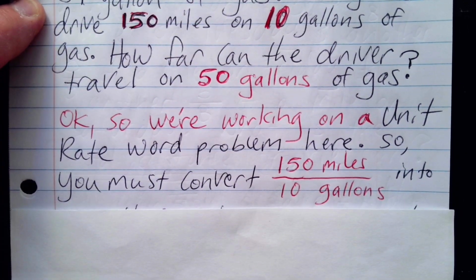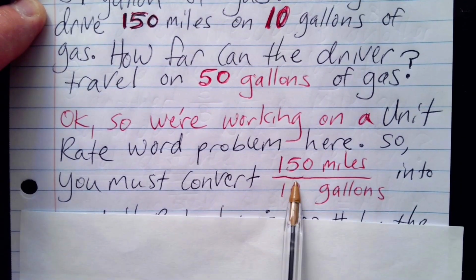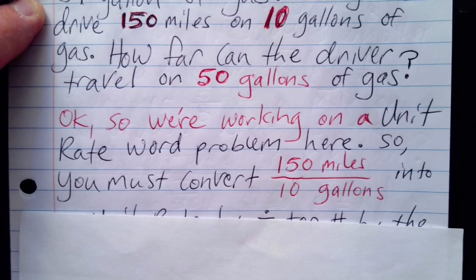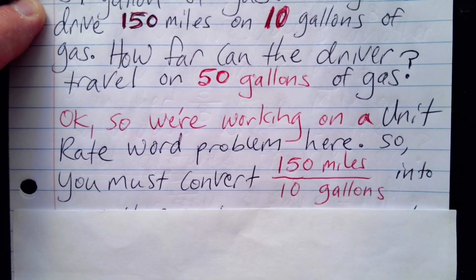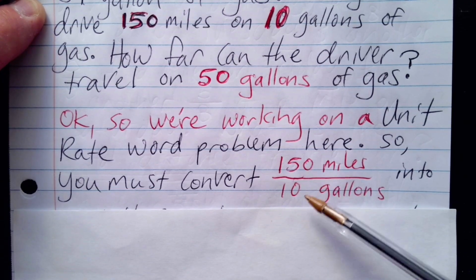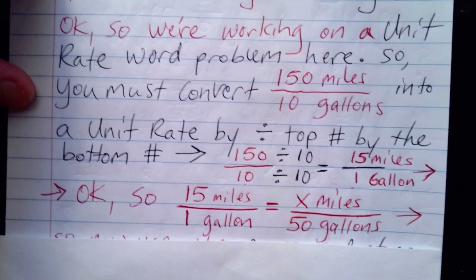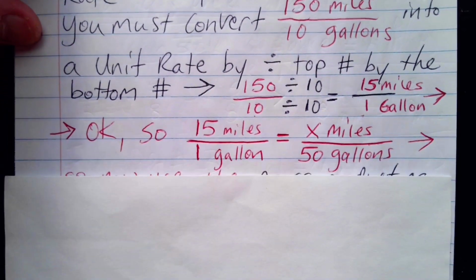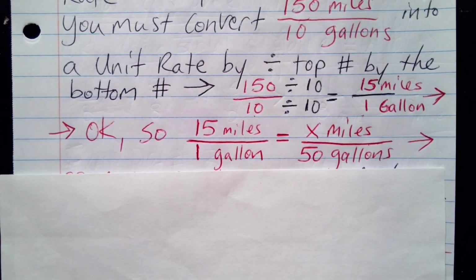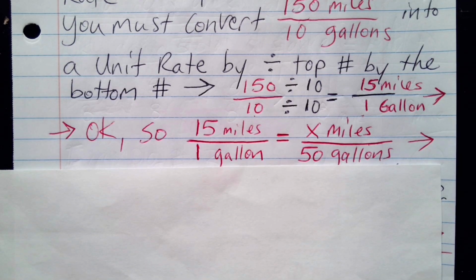So I divided 10 into top and bottom, because if I divide 10 into the base of this fraction, that would give me a 1 in the denominator. That's how you create a unit rate. So both top and bottom was divided by 10, which left me 15 miles per 1 gallon. Now, they want to know, hey, how many miles can I travel on 50 gallons?